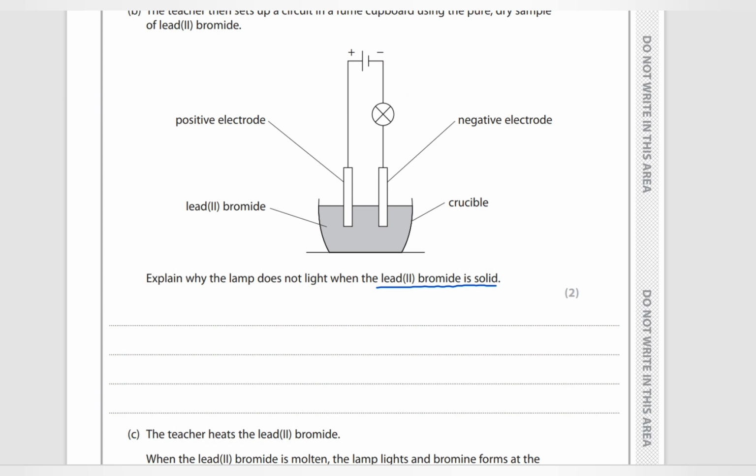So we write: lead(II) bromide cannot conduct electricity in solid state, as the ions are not free to move.